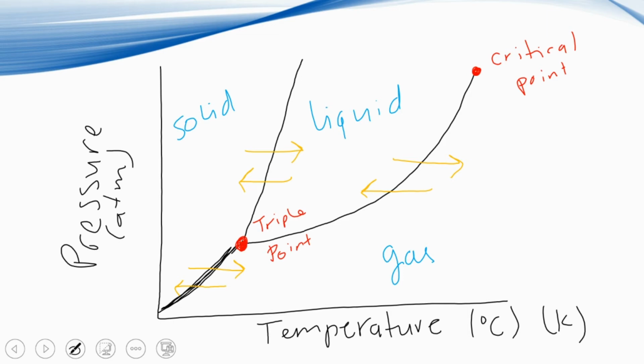Now, I mentioned earlier in the video that when we talk about the melting point and the boiling point, that depends on the pressure that is being applied onto this particular substance. But we still have to have a melting point and a boiling point that can be considered kind of like the standard.